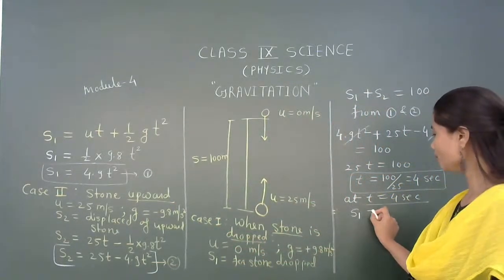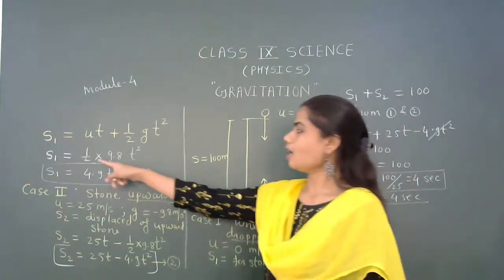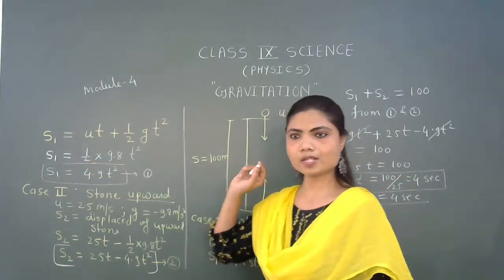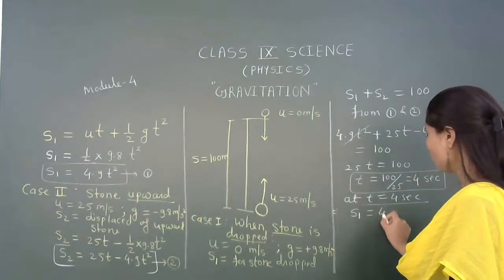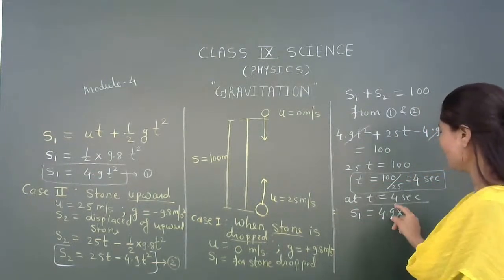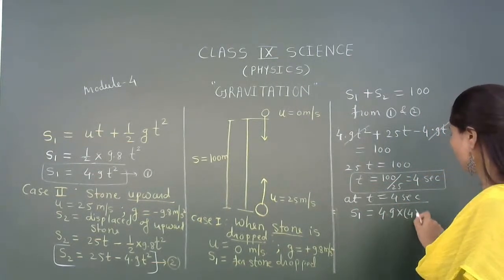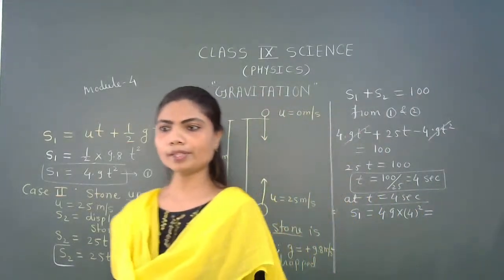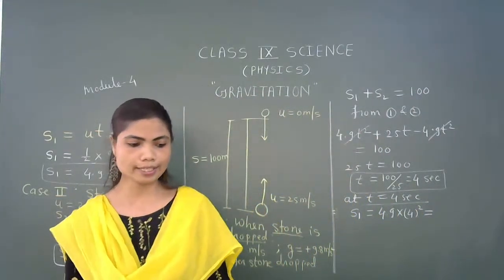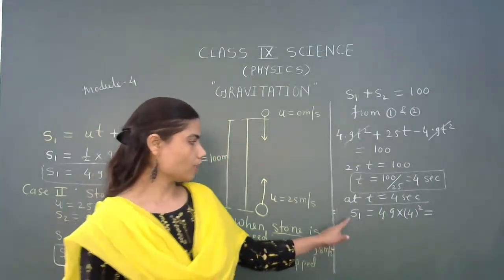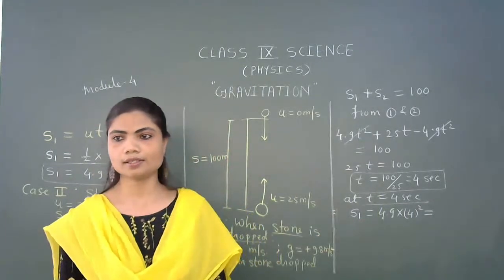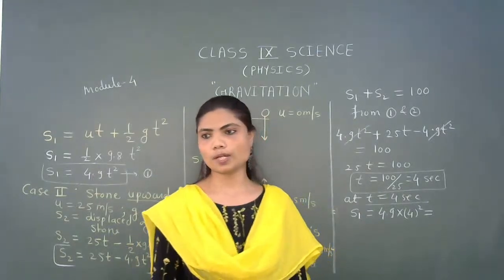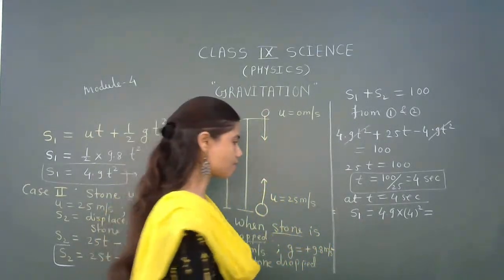So S1 will be equivalent to 4.9 multiplied by t square. Right? So 4.9 multiplied by 4 square. What will be the answer? Yes, you can give me the answer. S1 will be 4.9 multiplied by 4 square. Yes, I am waiting for your answers.